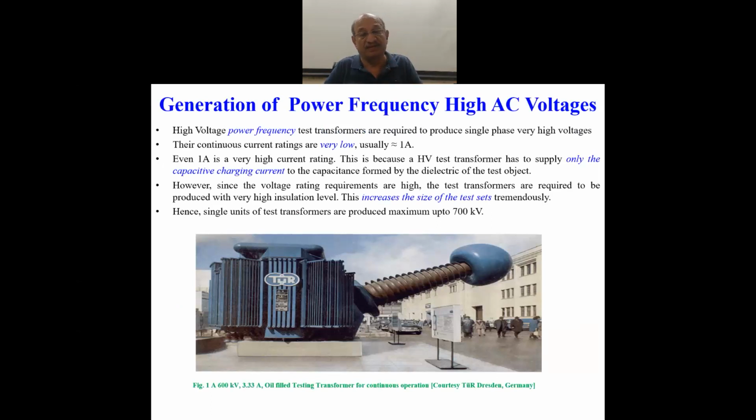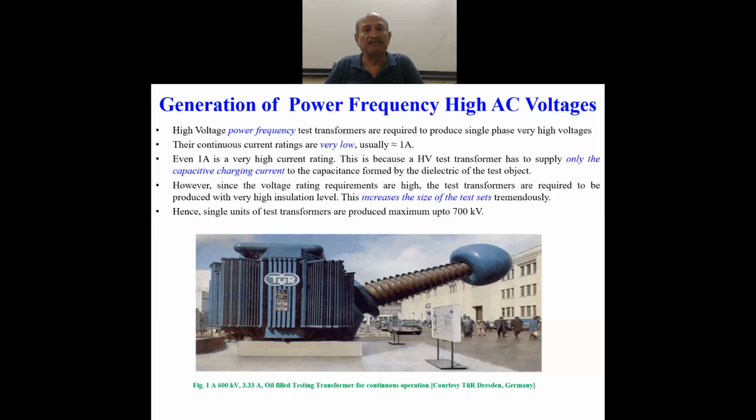Why do we test with high voltage? In fact, when we provide insulation to any equipment, we are supposed to have all knowledge about the behavior of the insulation or the dielectric. Then in the factory, in the manufacturing process, the particular type of insulation is provided in the equipment. There may be a number of types of insulation provided in one single equipment.